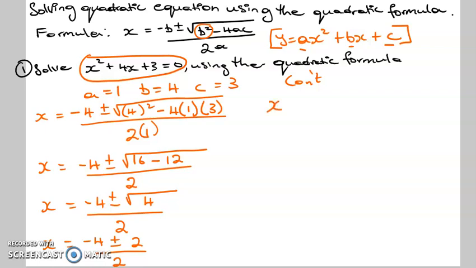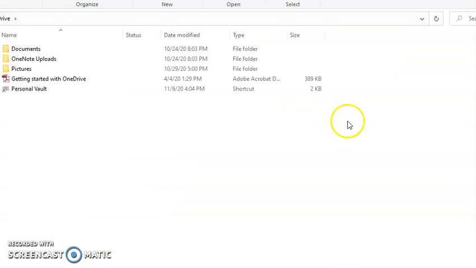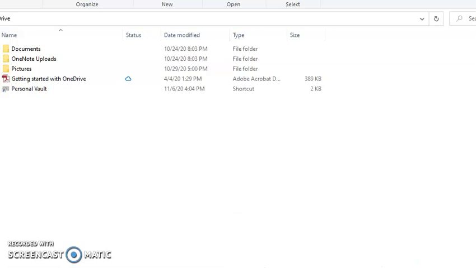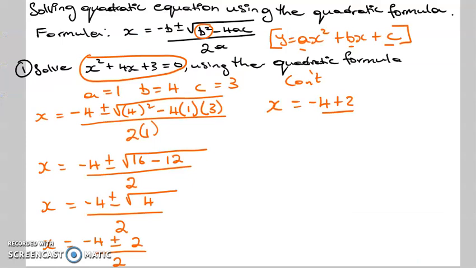So here we go. x is equal to negative 4 plus 2, divided by 2.